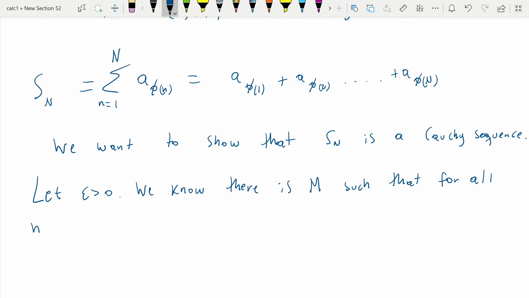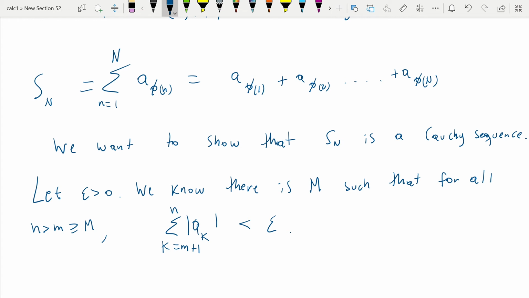for all n greater than or equal to m, the sum of the a sub k's in absolute value is less than epsilon, because the series is absolutely convergent.